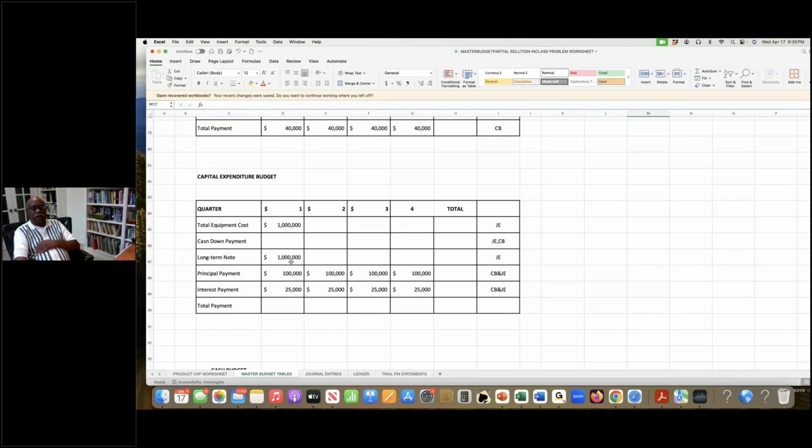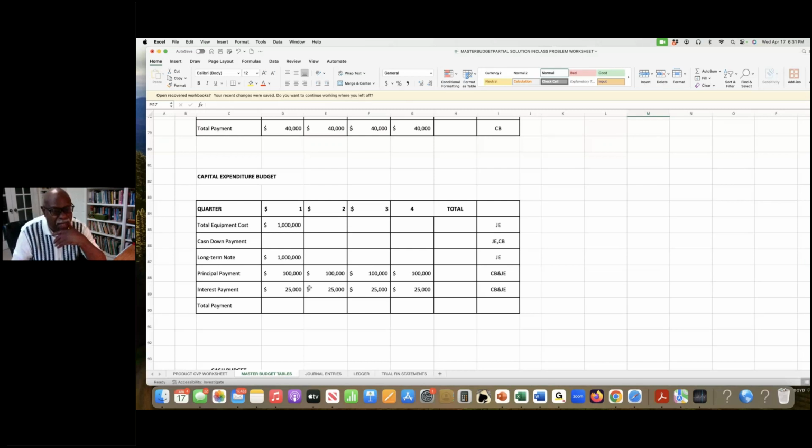So we're gonna credit long-term note. Well, you don't see any CB here. If there was a down payment or if you bought it for cash, then $1 million would go on the cash budget. But if you bought them on account, it's not going on the cash budget. Got it, Bethany? Only cash expenditures going.